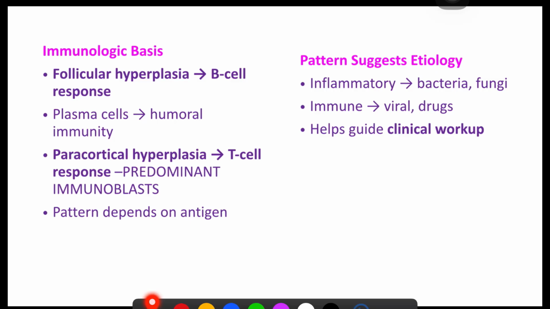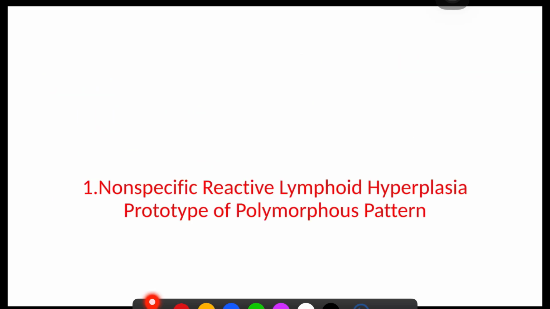All this pattern depends on the antigen. If an inflammatory pattern is there, it is due to bacteria and fungi, or immune mediated, mainly due to viruses and drugs, and for that we require clinical workup so that we can get a clue to the diagnosis of the particular response.